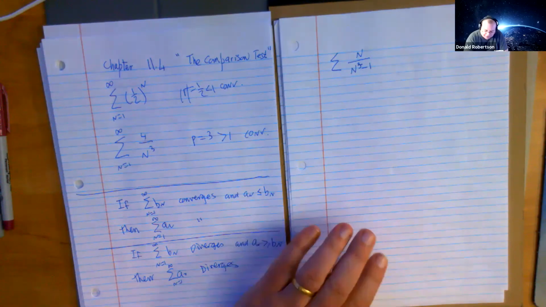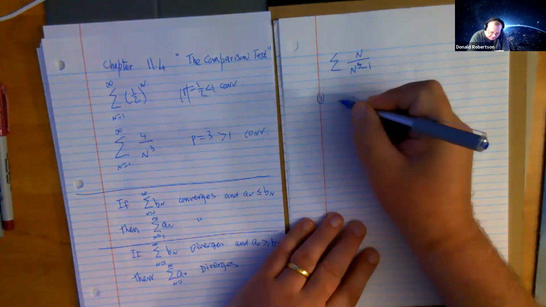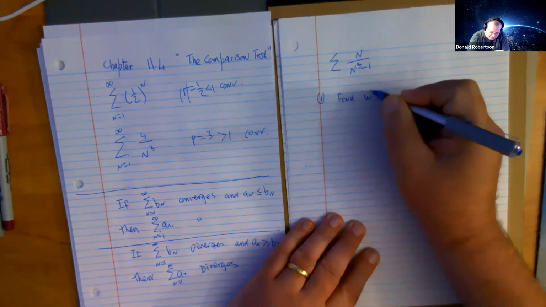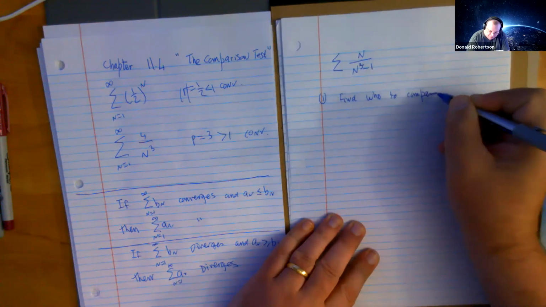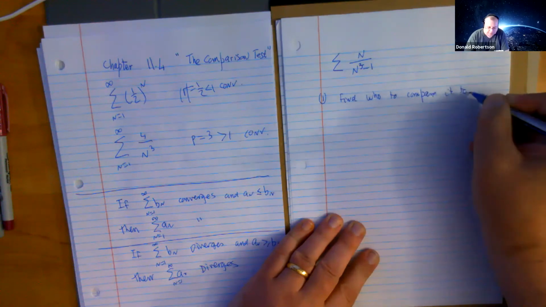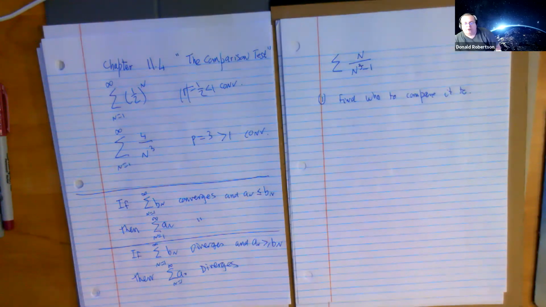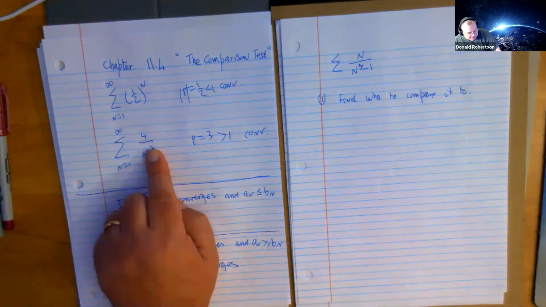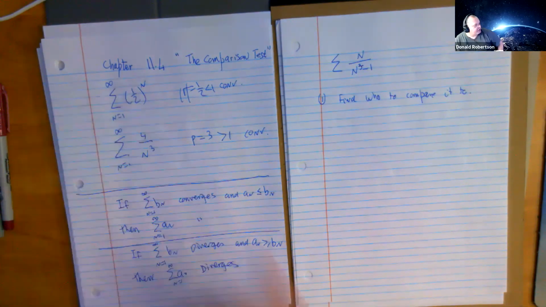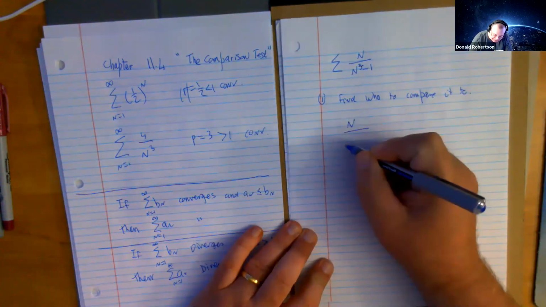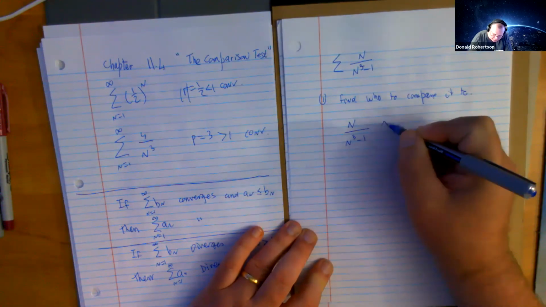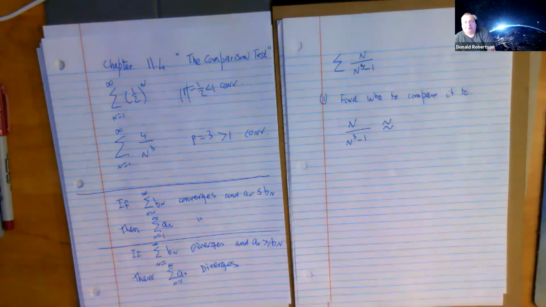So the first stage in this process is find who to compare it against. And the guys you're going to use are almost always going to be a p-series or a geometric series. Right? That's the go-to guys. So I'm going to look at this fella, and I'm going to do what I call surgery.